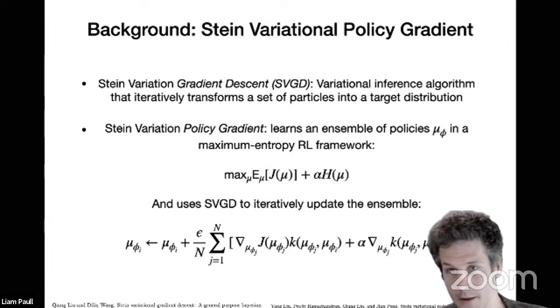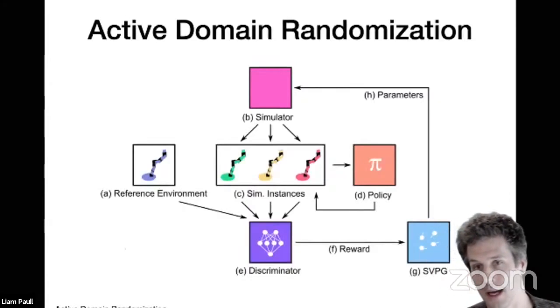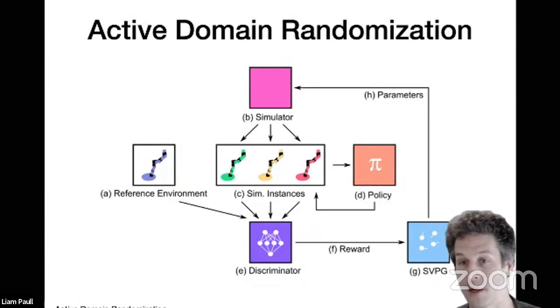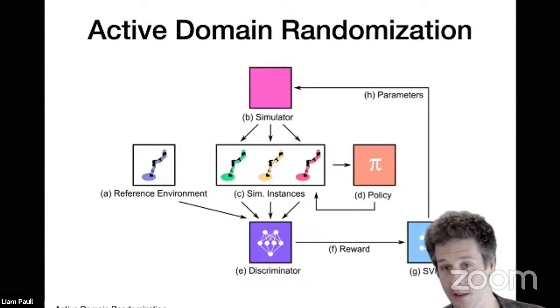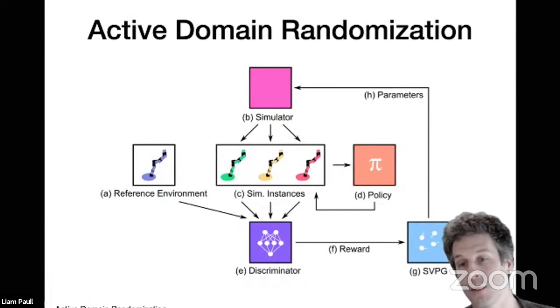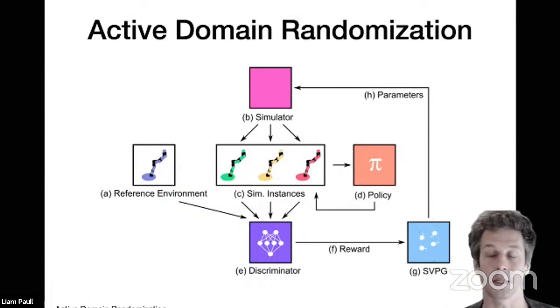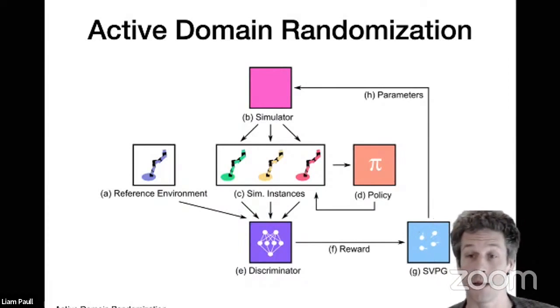With this in mind, the final algorithm flow looks something like this. We have this simulator at the top, which consumes parameters and generates simulator instances. Then we assume we have some reference policy, some reference environment, A, on which our policy performs well. This is a canonical reference environment; maybe we've already trained our policy on it.